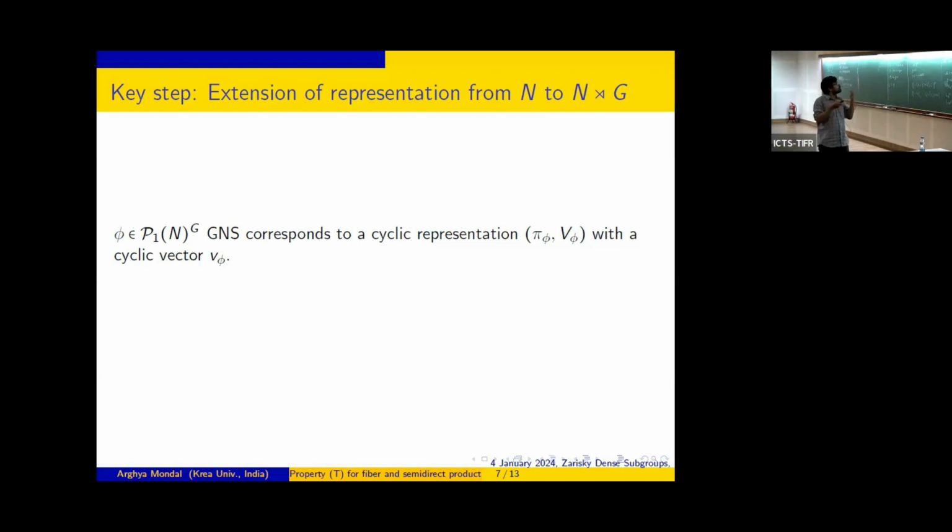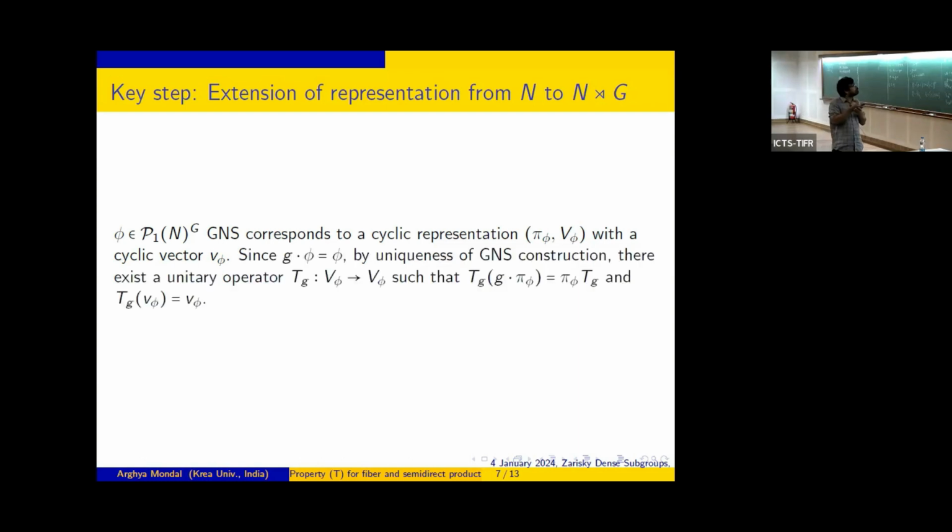So let's start with a G-invariant function of positive type, and then there is a GNS correspondence which gives me a cyclic representation with a cyclic vector. And how do I extend this representation to the whole group? We know that this is a G-invariant function of positive type.